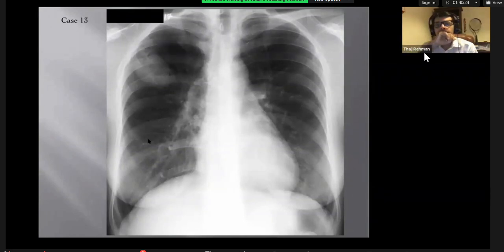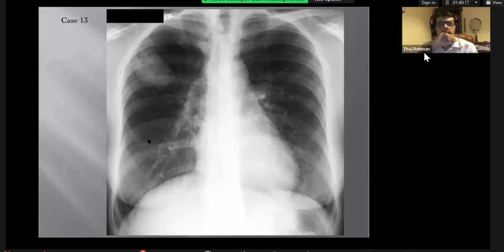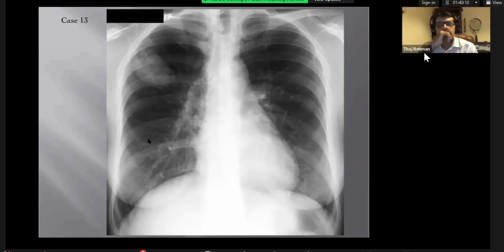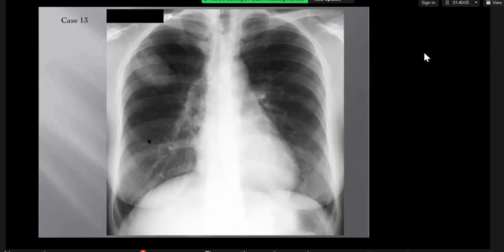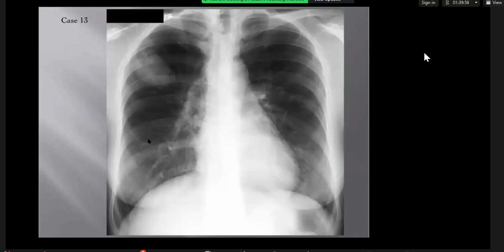The ribs are fine. Okay, so it's a well-defined right upper zone nodule. In my practice, I would get a CT for this lesion. Ignore the hilum. Ignore the rest of the X-ray. So it's a lung mass that needs further investigation, initially a CT scan.